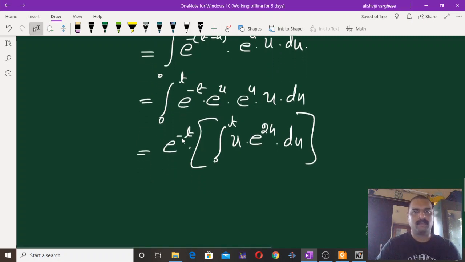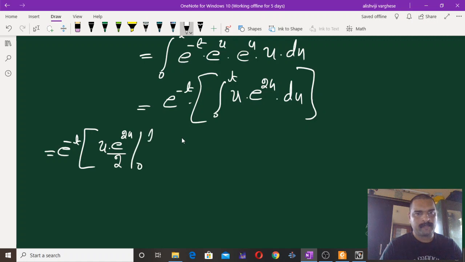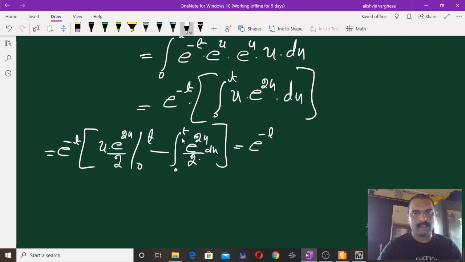Now just integrating by parts: e raised to minus t into first function into integral of the second, minus integral of derivative of the first into integral of the second du, which is equal to e raised to minus t into applying the upper limit and lower limit here.